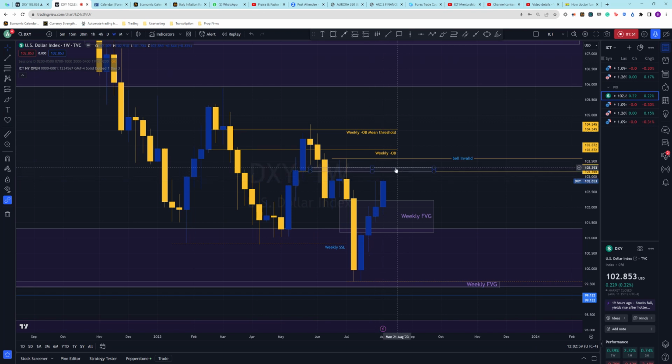So this will be my next draw on liquidity, because ICT has taught us that when we are looking at draws on liquidity, price will usually draw to a fair value gap first. Since the fair value gap was not closed, I'm expecting price to draw to it, and then we can see what price is going to do after that.